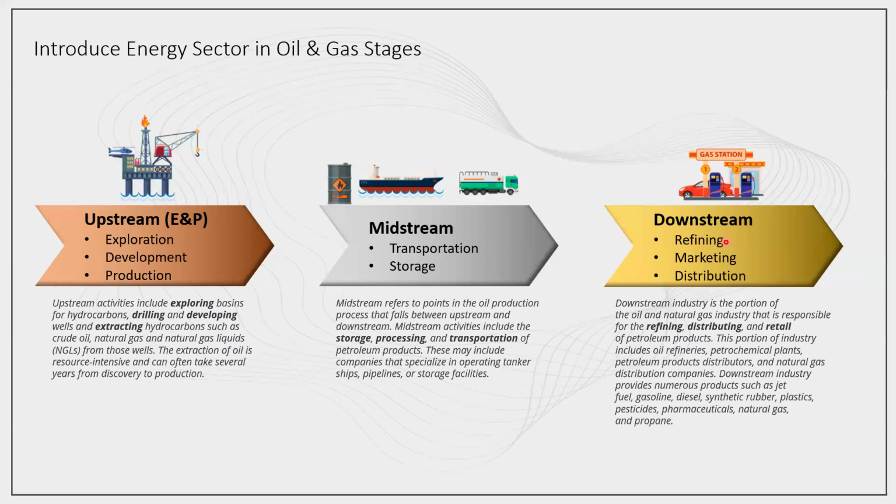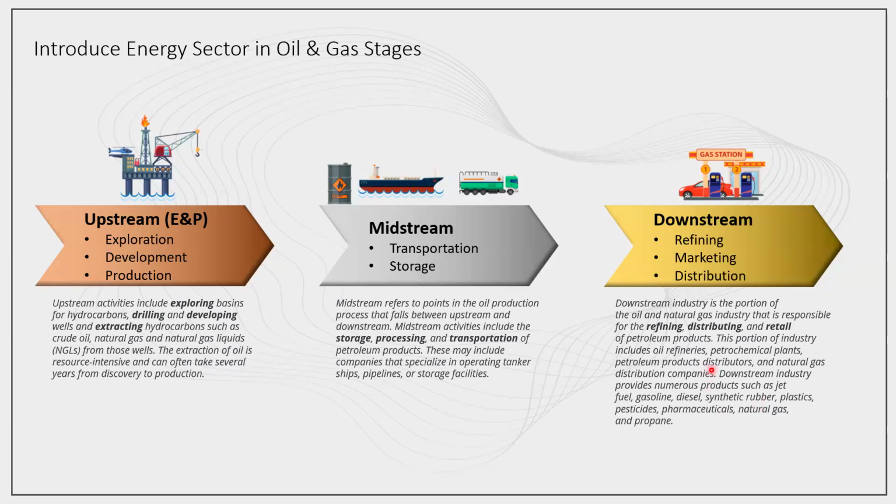Finally, the downstream is about refining, distributing, and retail of the petroleum products. The downstream industry provides numerous products such as jet fuel, gasoline, diesel, synthetic rubber, plastics, propane, natural gas, pharmaceuticals.